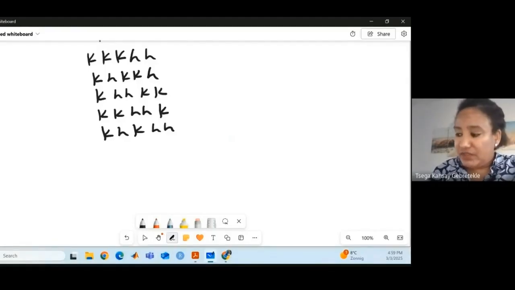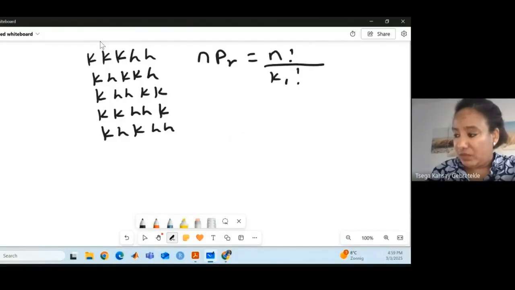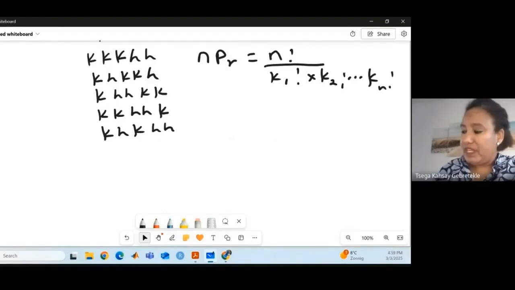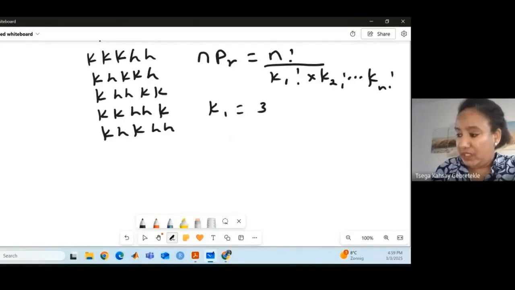The general definition is that n permutation r will be n factorial divided by K1 factorial times K2 factorial times up to Kn factorial. In our case, K1 is 3 knees and K2 is 2 hips. 2 plus 3 is 5.